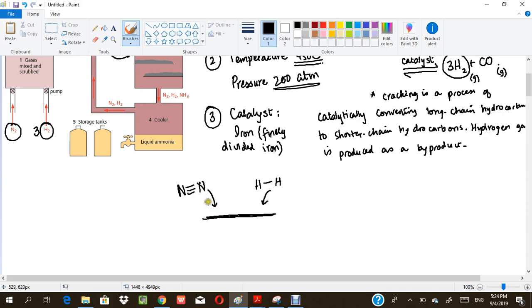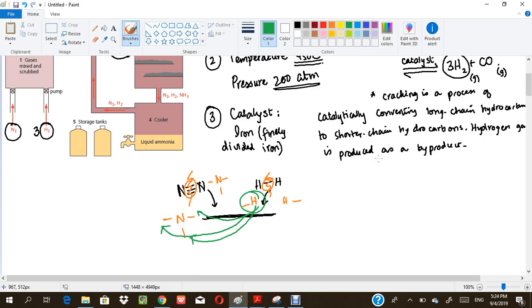When each of them approach the surface of the catalyst, the bonds between the nitrogen molecules and the hydrogen molecules weaken and ultimately break. Therefore, every nitrogen atom now has three free valencies, and every hydrogen atom has one free valency. Therefore, three hydrogen atoms attach to one nitrogen atom, giving us ammonia.